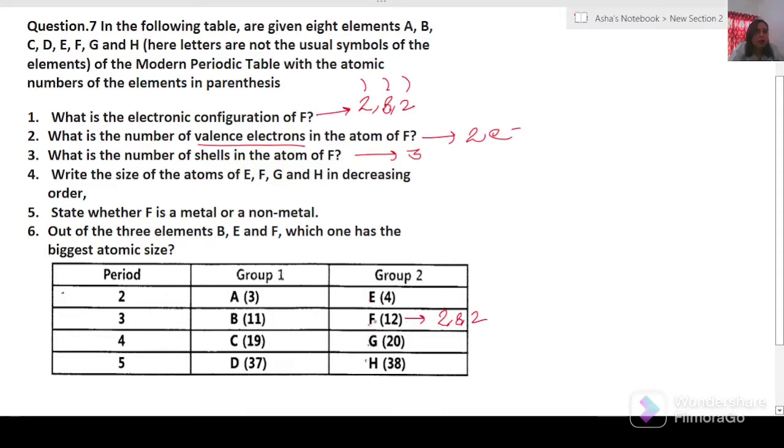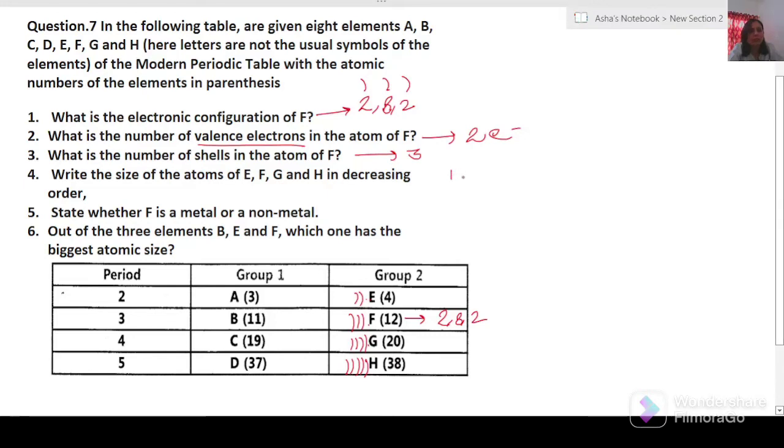Now E belongs to the period 2, that is it will have 2 shells. F is there in the period 3, so it will have 3 shells. G is having 4 periods, so 4 shells, and H is 5, so it will have 5 shells, right? So obviously the size will be more in case of H.